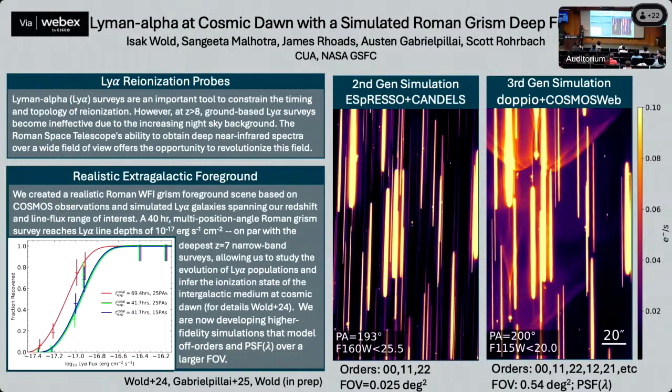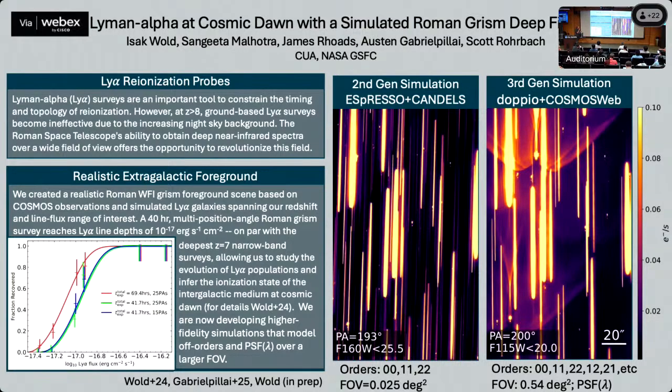This is the recovery fraction shown here, and the main takeaway is that a Roman Grism deep field can relatively easily achieve the required survey volume and sensitivity to place meaningful constraints on the timing of reionization.